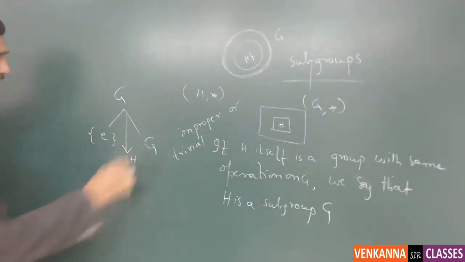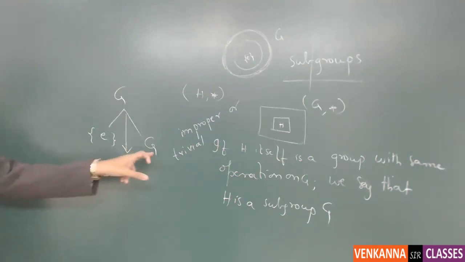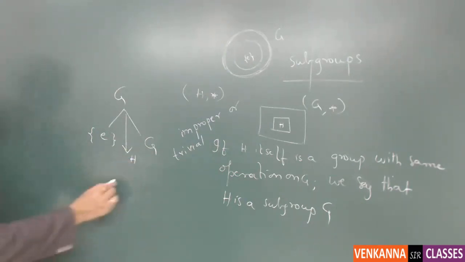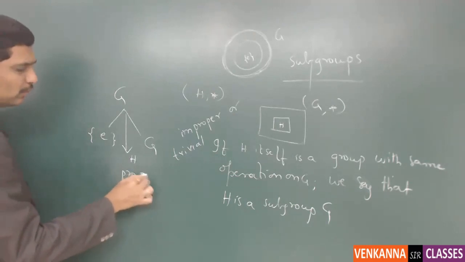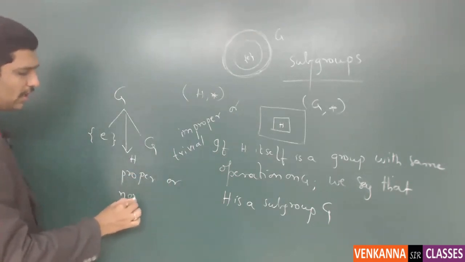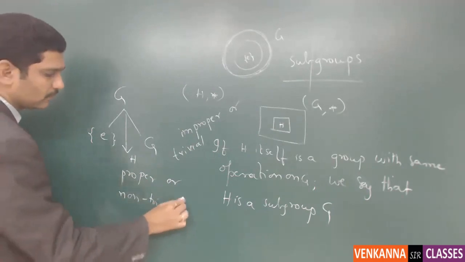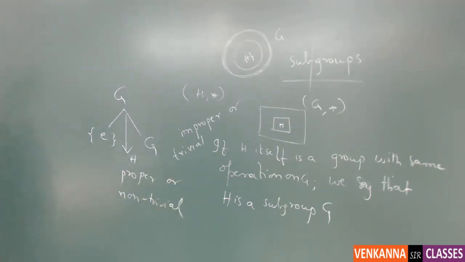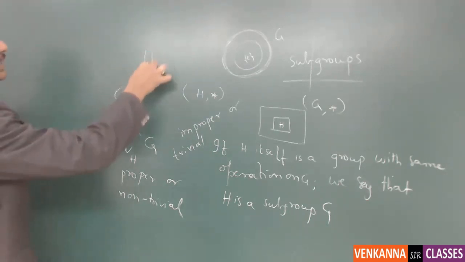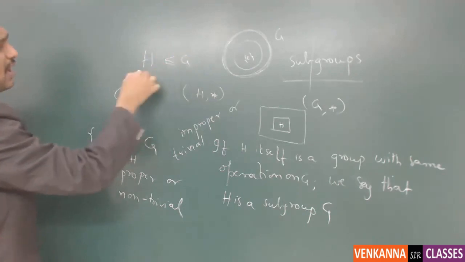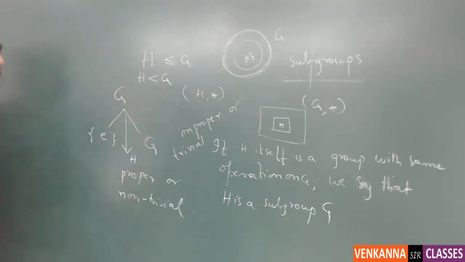So if you take any set H which is bigger than this and smaller than this, we call it a proper subgroup or non-trivial subgroup. So these are the names given fundamentally. As and when you know that H is a subgroup of G, symbolically we represent it as H less than or equal to G, or you can say H less than G. That is symbolic notation.